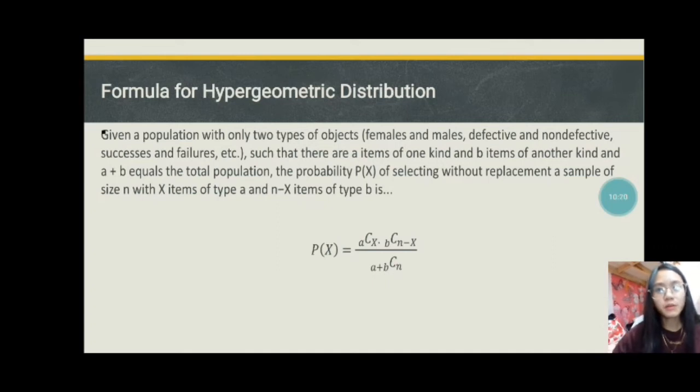The basis of the formula is that there are A C sub X ways of selecting the first type of items, B C sub n minus X ways of selecting the second type of items, and A plus B C sub n ways of selecting the items from the entire population.